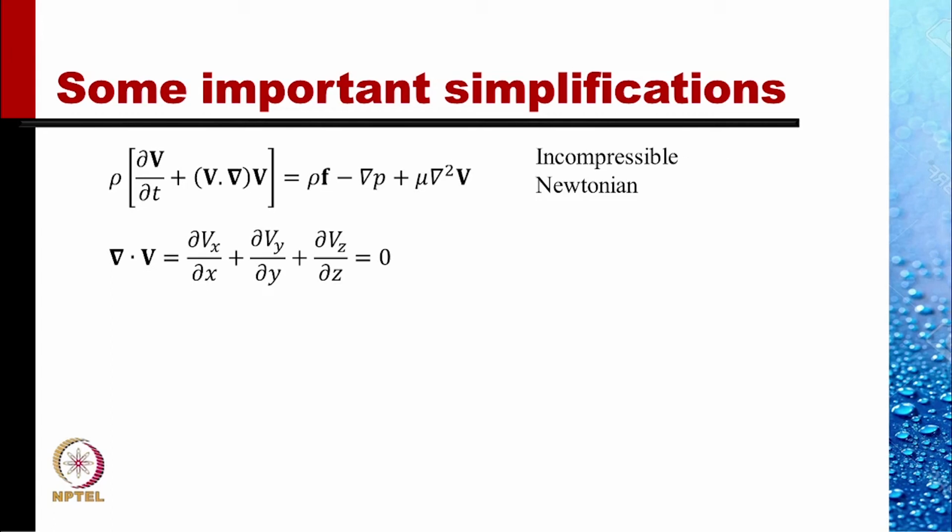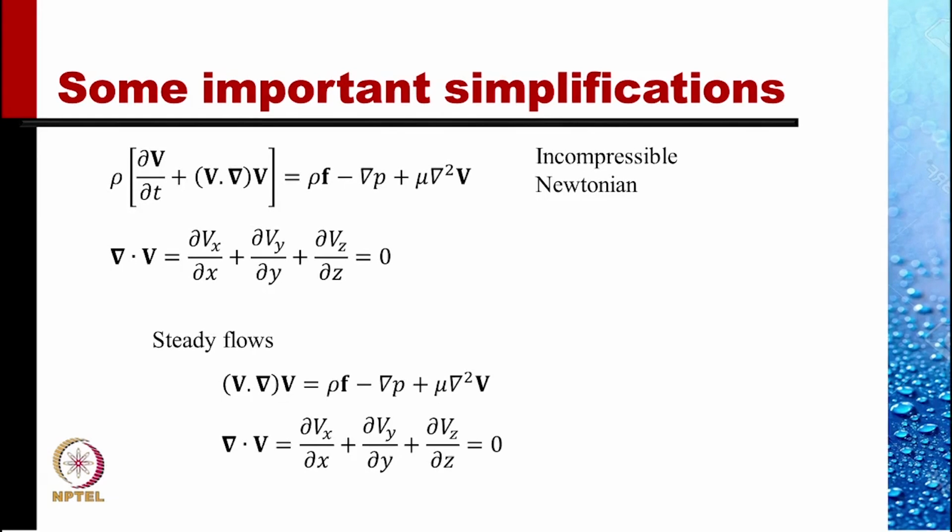This system of 4 equations, the vector equations for momentum plus the continuity equation, is a formidable system. Second order nonlinear equations, all coupled. It's not easy to solve. So we look for simplifications wherever possible.